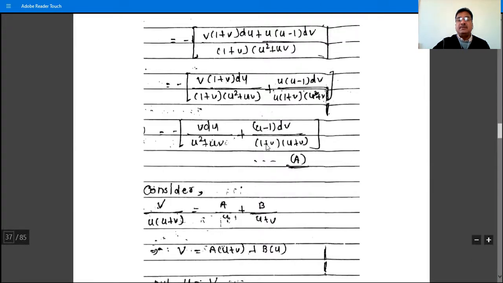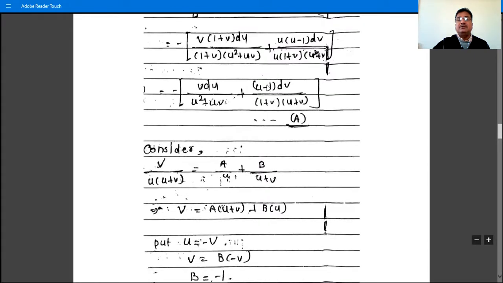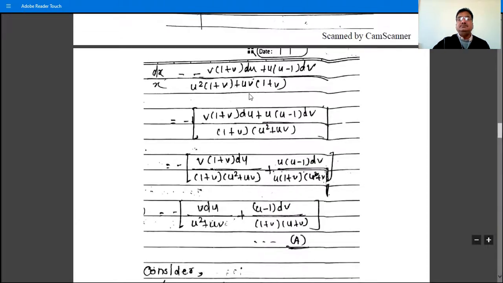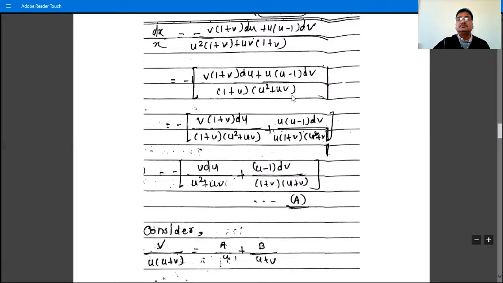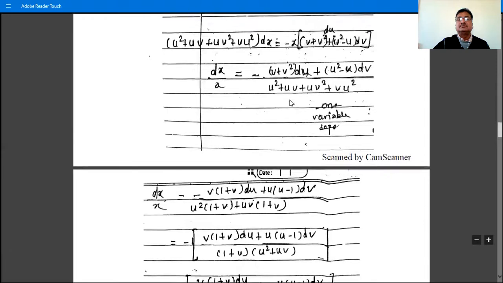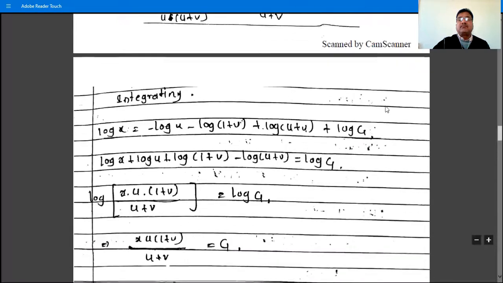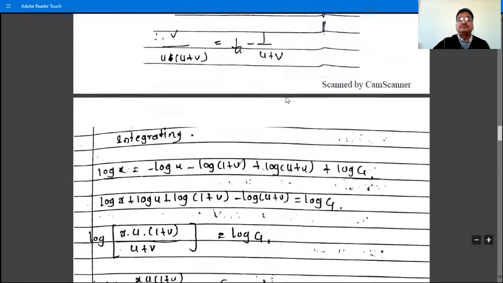u minus 1 divided by (1 plus v)(u plus v). So again we have used the method of partial fractions here. So we have this.